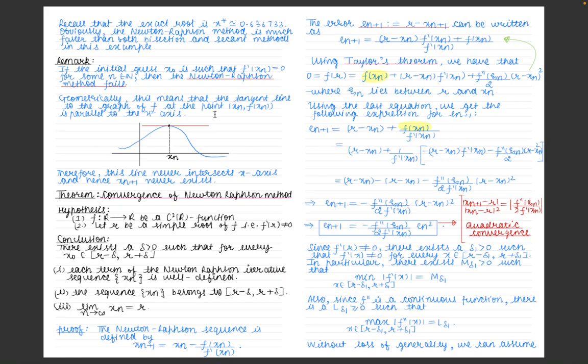So there is an L delta 1 greater than or equal to 0 such that maximum of this, now we are taking maximum of f double prime.